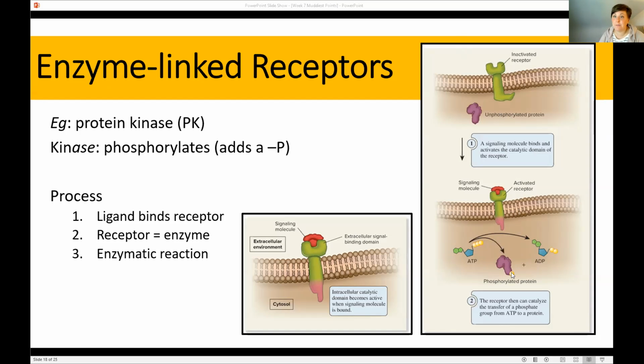Phosphorylation is an extremely important mechanism of essentially activating or turning on things in a cell, especially enzymes. So protein kinases are going to be one of the most important enzyme-linked receptors that a cell has, because activating proteins is a really important function.